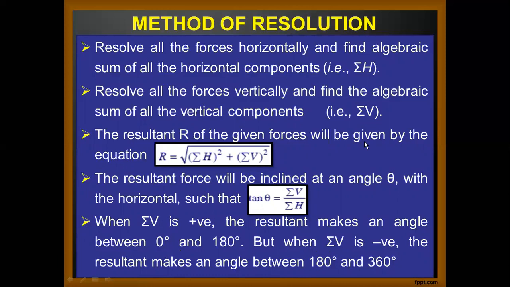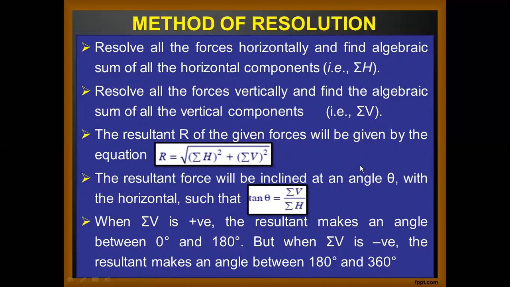The basic consideration in engineering mechanics is that forces acting vertically upwards are positive, and forces acting vertically downwards are negative. So when the summation of V is positive, the force is moving along the upward direction, from 0 to 180 degrees, which is called a positive force.